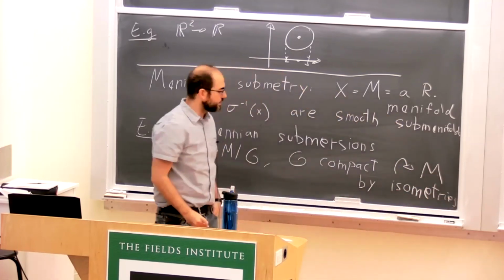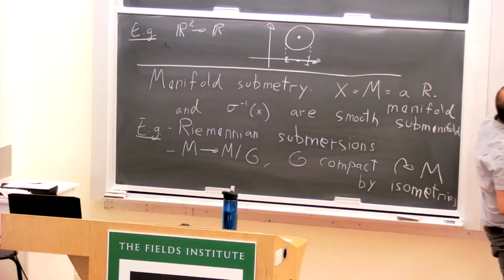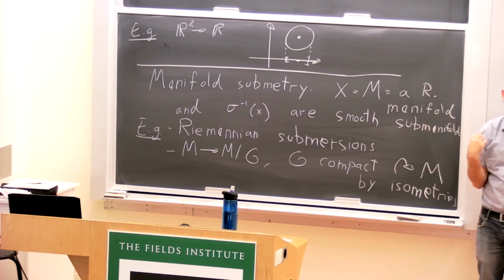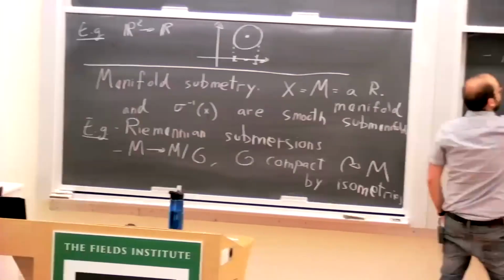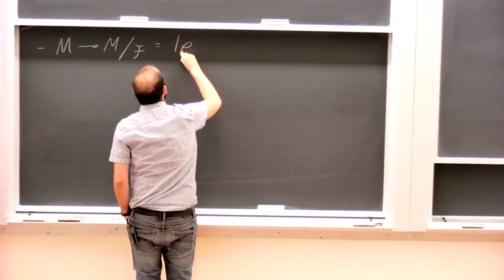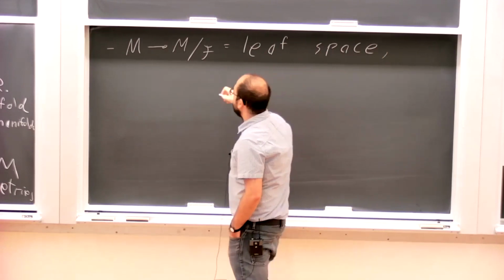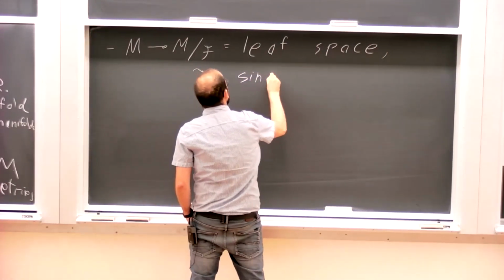Another class of examples, a little bit more general than this, is the quotient map of M to the leaf space of a singular Riemannian foliation, M going to M mod F, where F is a singular Riemannian foliation.